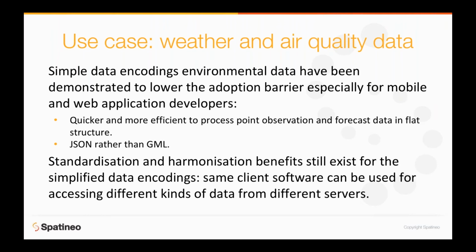But then the question, of course, is that if you just do a proprietary simplification of the data, then the application developers can't go and access the weather data from Sweden or Germany or France and expect the same kind of API, the same way to encode the data.